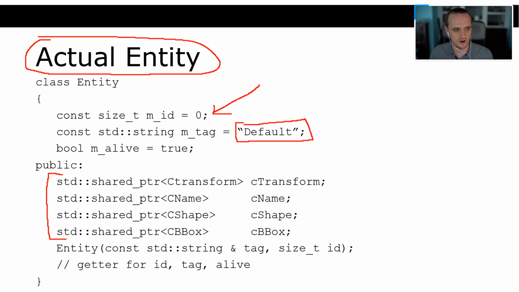Rather than directly calling something like vector.erase entity, if we want to destroy an entity, we can just set this variable to false, and then the entity manager will be able to delete all of the entities that are no longer active. Down here, we would have getters for things like get the ID, get the tag, get whether or not it's active, but I didn't want to include those because it would no longer fit on one slide.